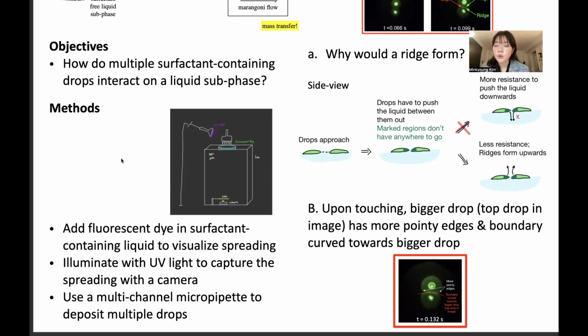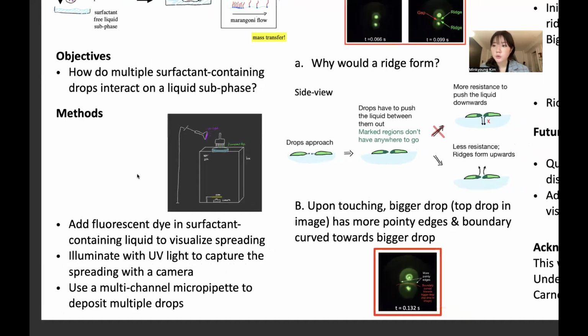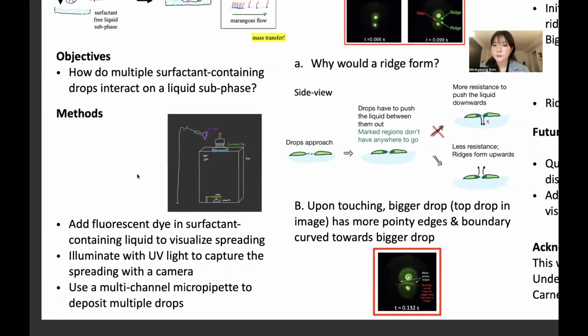Hence, to visually observe the spreading of surfactant-containing droplets, I also added some fluorescent dye, and I also had to add a UV flashlight to be able to observe the green part of the drops. I also employed a multi-channel micropipette to deposit multiple droplets simultaneously.